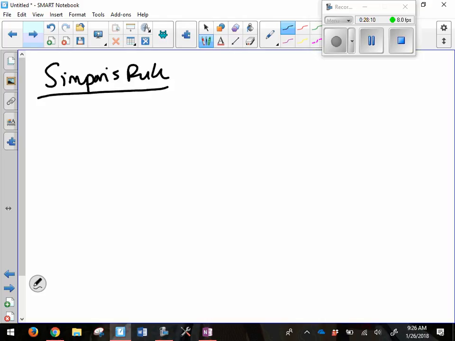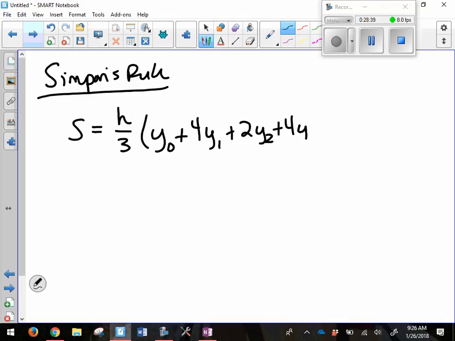All right, so we have another way of approximating things, which is Simpson's rule. This one is a little more complicated, so that we end up with subintervals that are curved on top, which might help us better approximate our curves. So for Simpson's rule, we've got h over 3 times y0 plus 4y1 plus 2y2 plus 4y3, dot dot dot, plus 2y(n minus 2) plus 4y(n minus 1) plus yn.